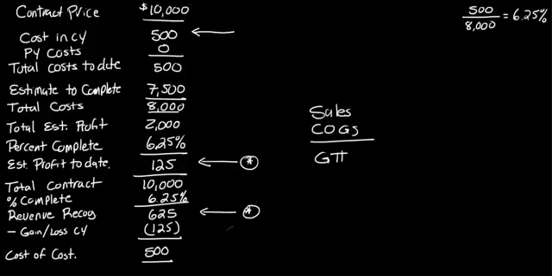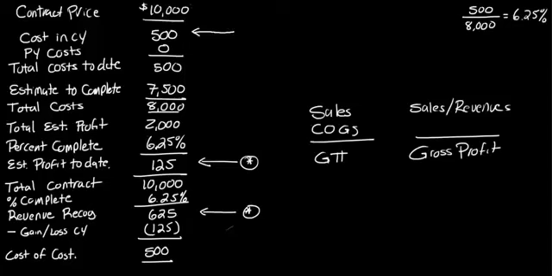In the percentage of completion method, we're going to have the sales number or revenues as our top line. The other journal entry is to the actual gross profit number. So in the percentage of completion method, the cost of goods sold number becomes the subtotal, and we subtotal back to that.